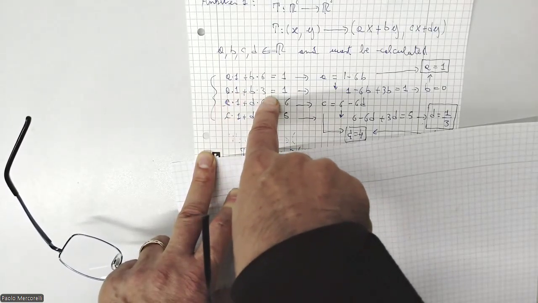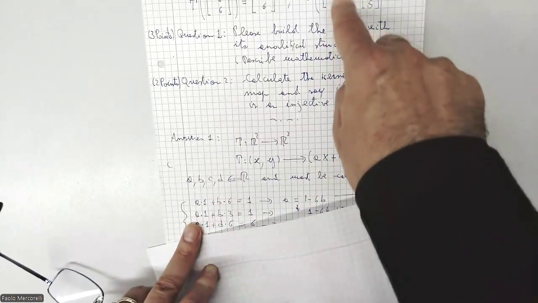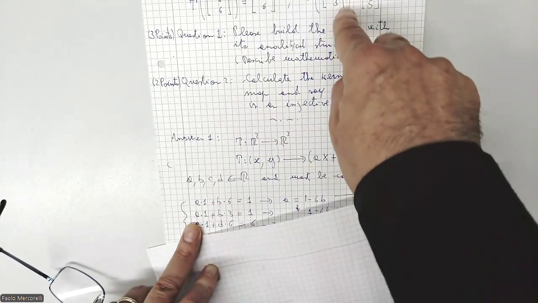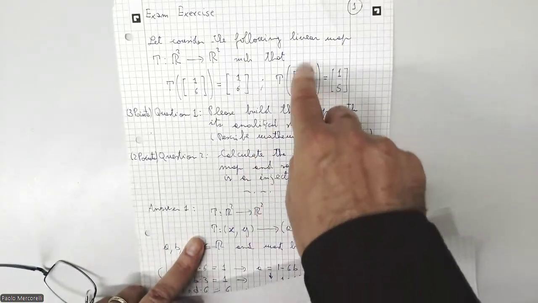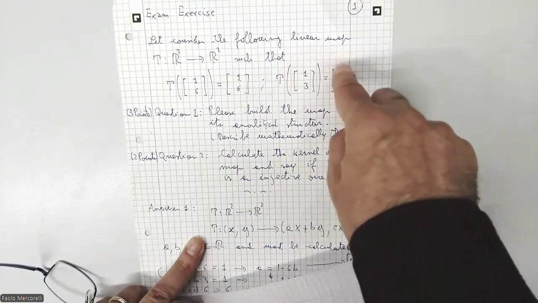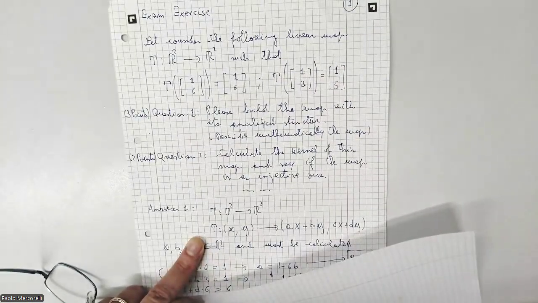This means I am using the second element of the domain. Look, 1 and 3. I am using the second element of the domain, which is equal to 1. Once transformed, of course.